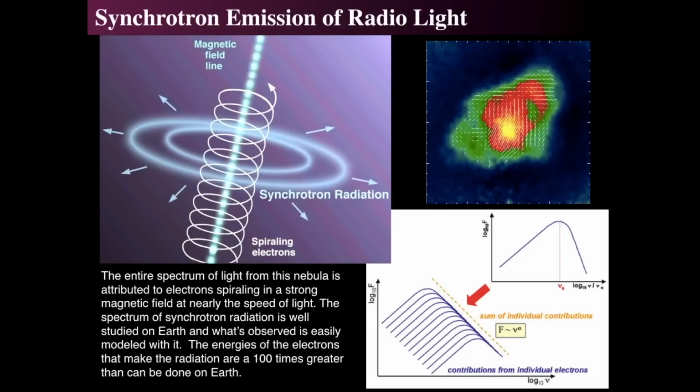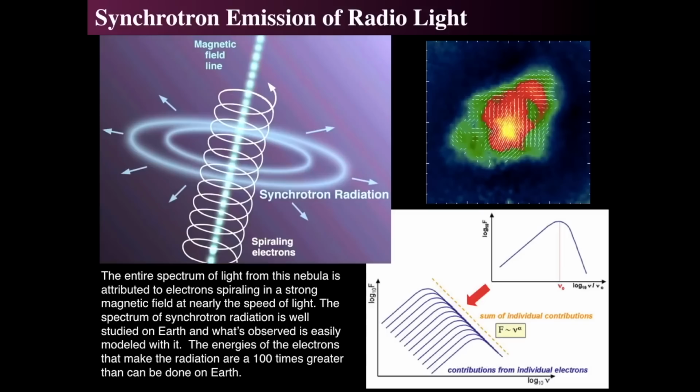But the electrons in this magnetic field don't bump into each other. They simply spiral around the magnetic fields and emit light. And this emission of light is called synchrotron emission, or radiation. And it's not a thermal process because they're not bumping into each other. Now, they're moving fast, but they're not bumping into each other and interacting to average out the speeds.